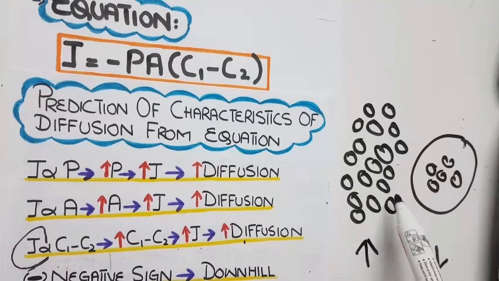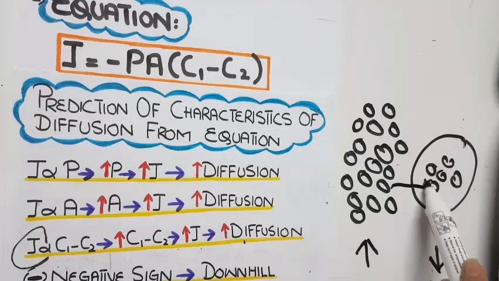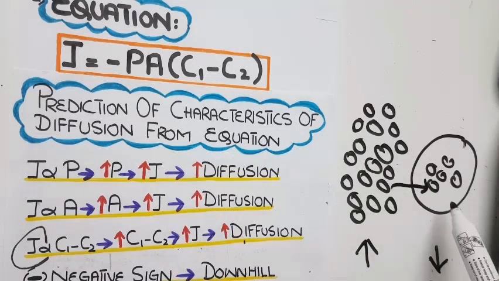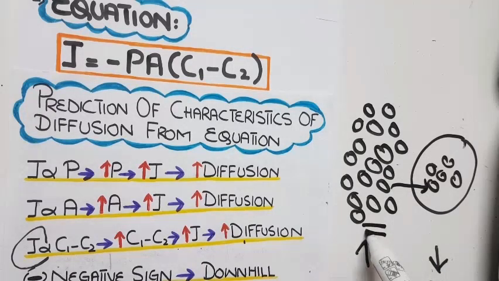The number of molecules diffusing inside the cell from high concentration to lower concentration depends on the number of molecules that are present outside. So the higher the concentration outside the cell, the greater will be diffusion inside the cell.